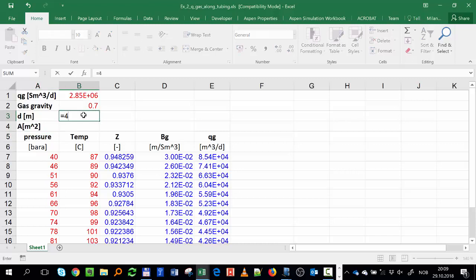That was 4.5 times 25.4 divided by 1,000. And the area is pi times this number squared times 0.25, pi times diameter squared divided by 4. The tubing has an ID of 4.5.